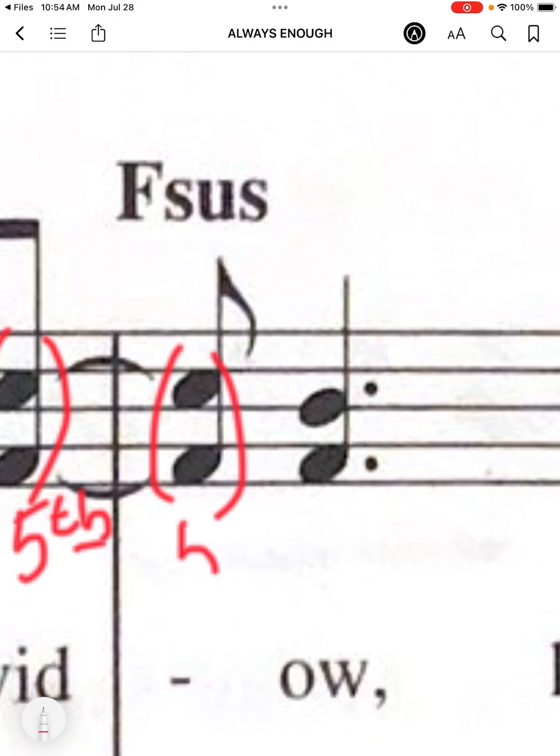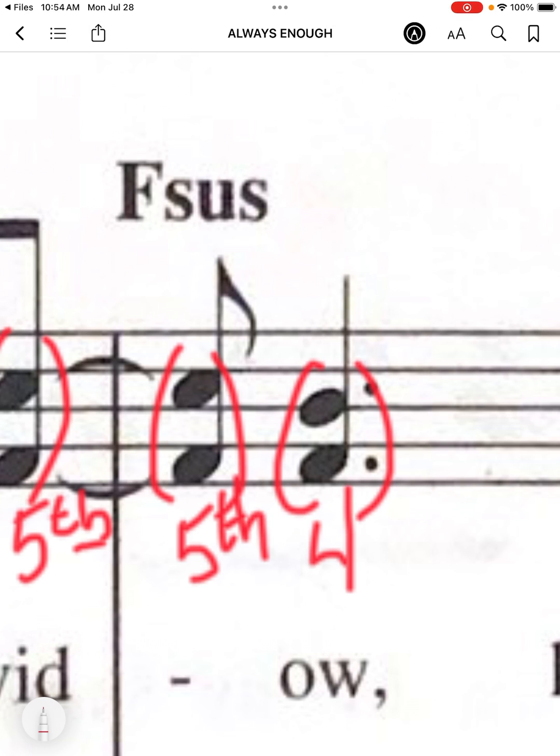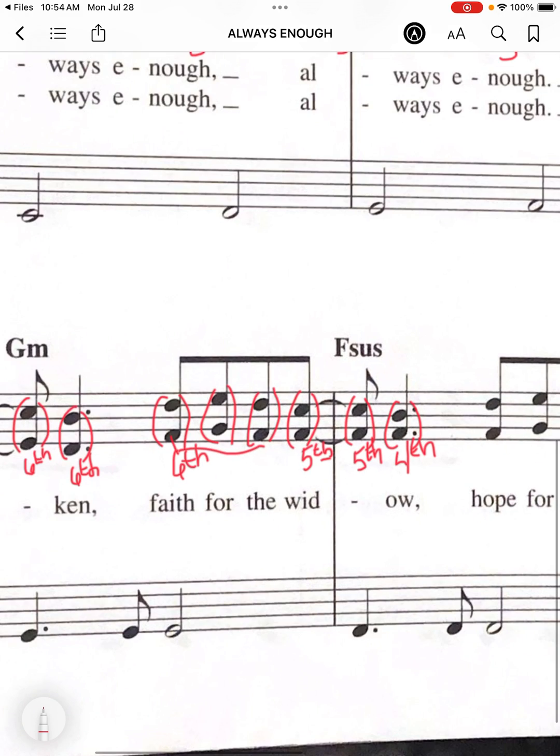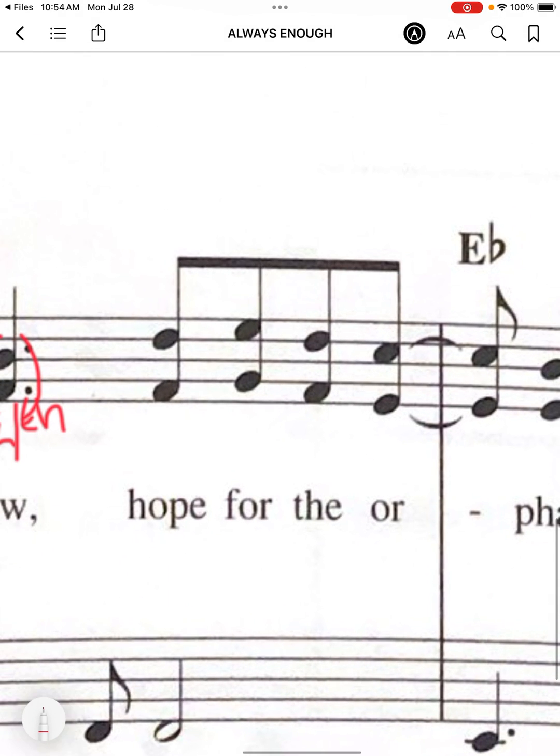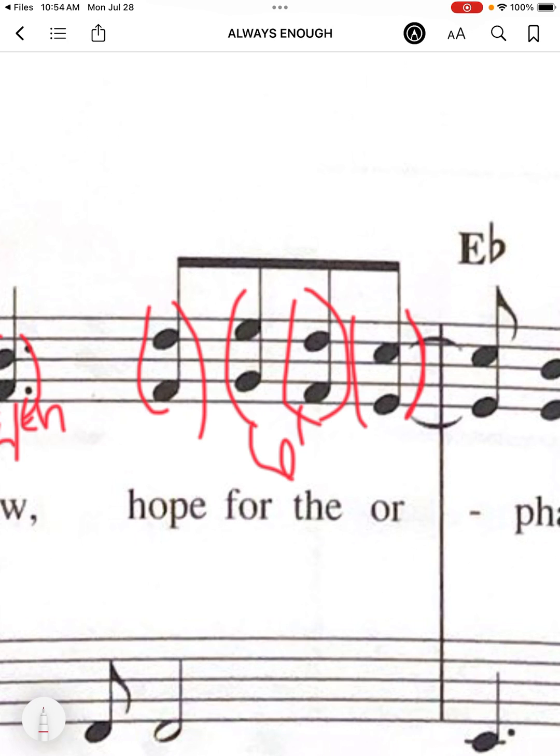Fifth. 4th. Then, okay, for this one, these guys would be sort of like the other one. Nope, not really. All this, and this would be a 6 all together.